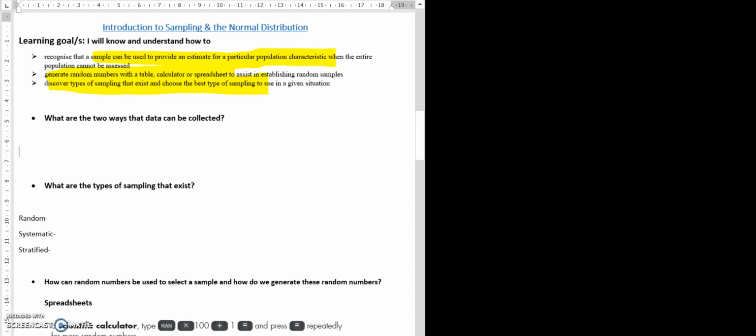Okay, so first of all, you should be thinking about some ways that data can be collected. I'm pretty sure all of you have heard of the census in Australia and a sample. You might have even heard about a census taking place in Jesus' time when Jesus was born.